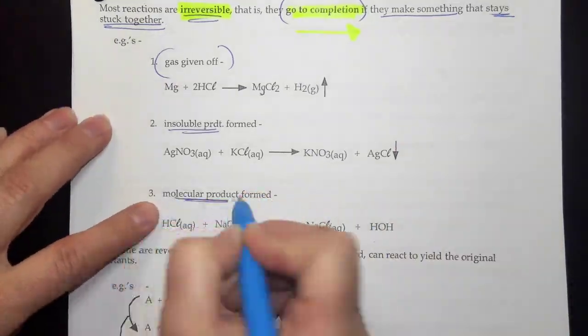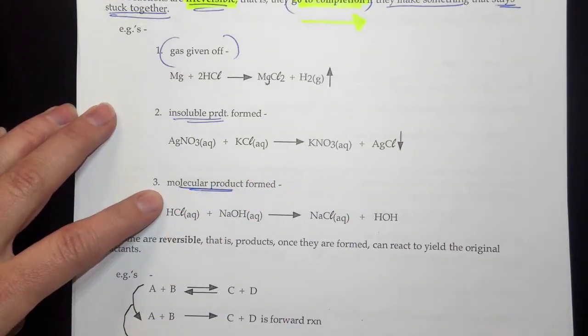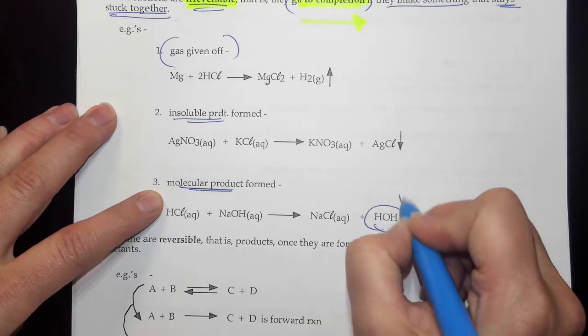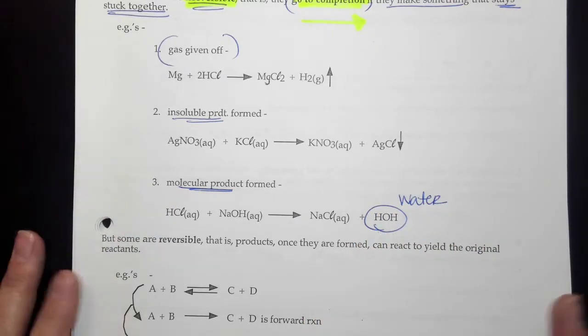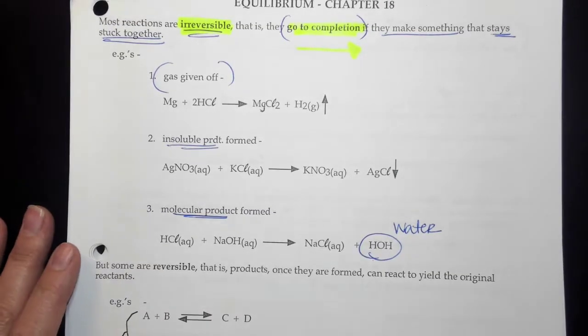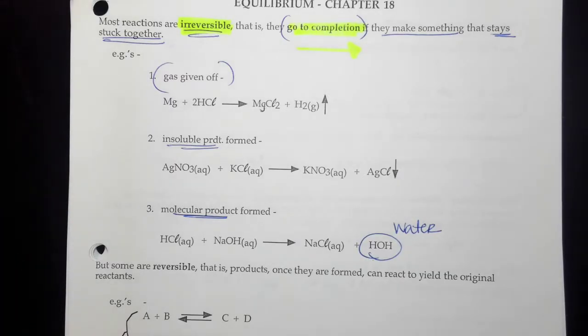Or if a molecular product, a molecule like water, is formed, then it's not reversible. I can't push the system the other direction. So those are 3 examples of when reactions are not reversible.